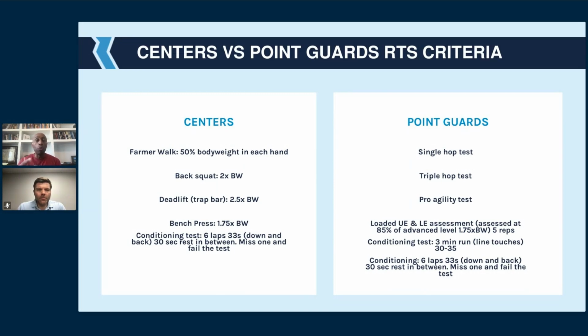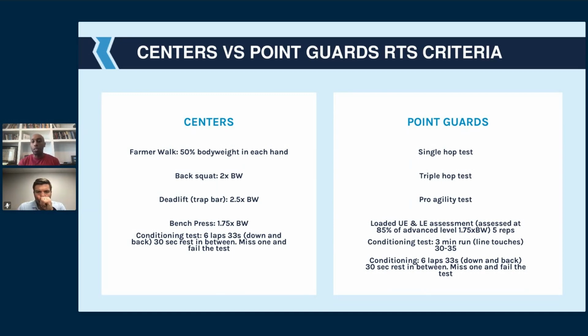They're moving much more off the screens, just expending way more energy than the big men, who are going to be camped out in the paint, right? So their motion throughout the game or through these sets is going to be less. And so the 30 to 35 line touches, I should say, makes more sense.